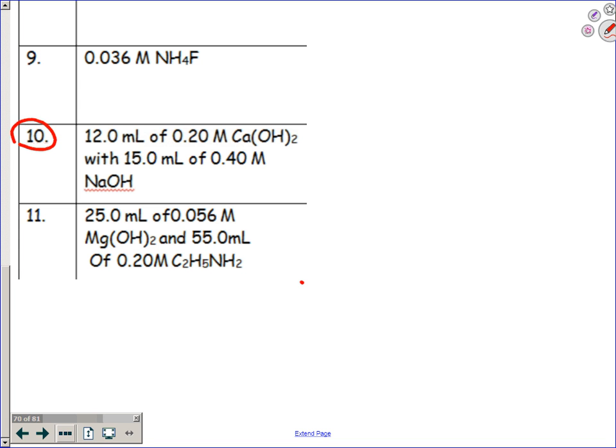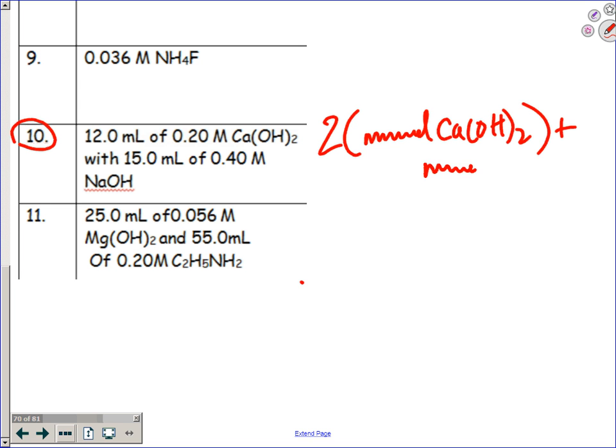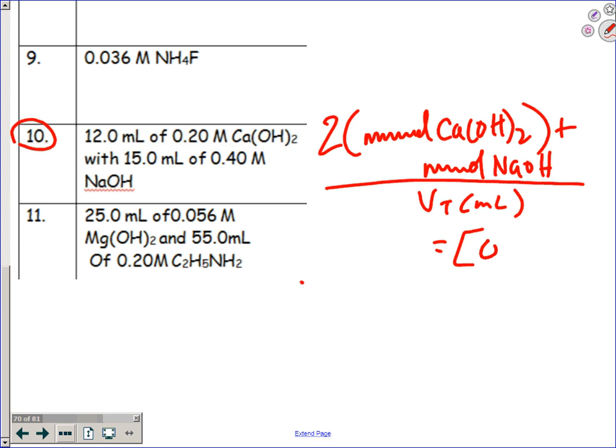For the millimoles of calcium hydroxide, you double it, 2 times the millimoles of calcium hydroxide because of the basic nature, plus the millimoles of sodium hydroxide. And then once you get this, divide by the total volume in milliliters. That's going to give you the concentration of hydroxide, and then you can find pH from there.